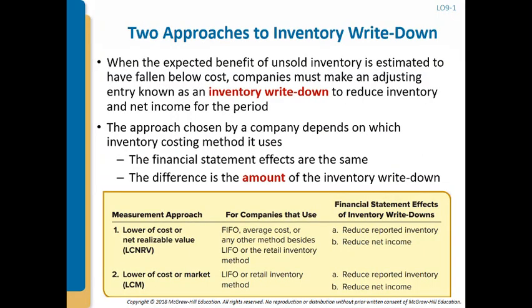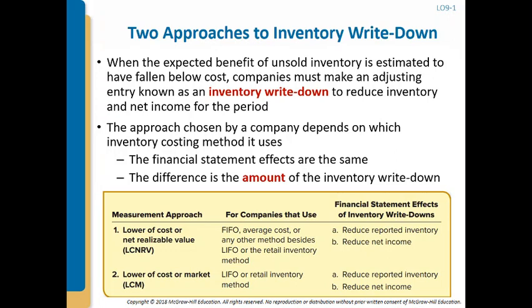So there's two approaches to this inventory write down. One is called the lower of cost or net realizable value, and you use that when you're using an inventory cost flow assumption other than LIFO or retail inventory method.